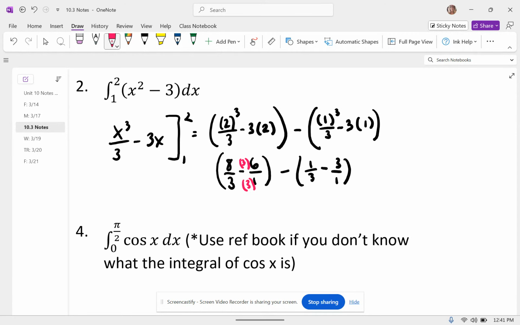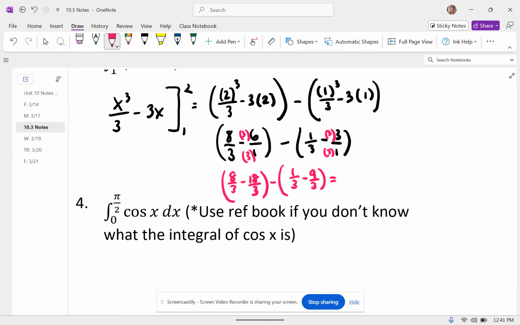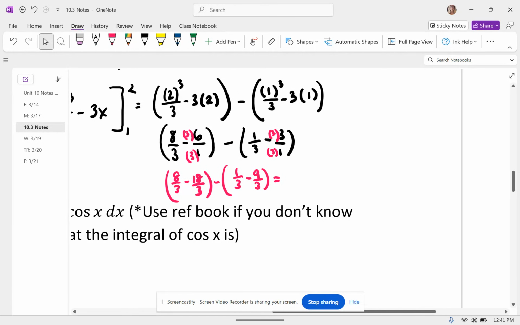And then I'm going to have to do the same thing over here. Negative 8 over 3? All right, now let's see. It gets a little funky. I think it'd be negative 2 over 3, my apologies. Oops, negative 10 over 3.